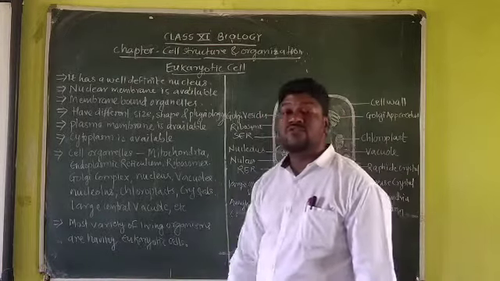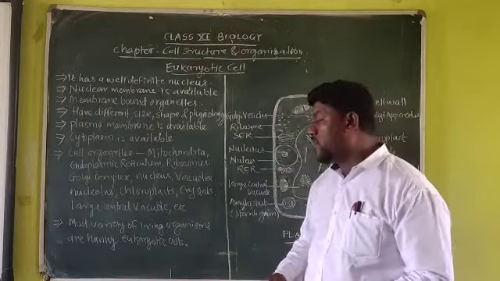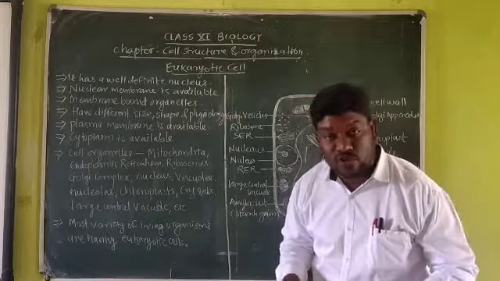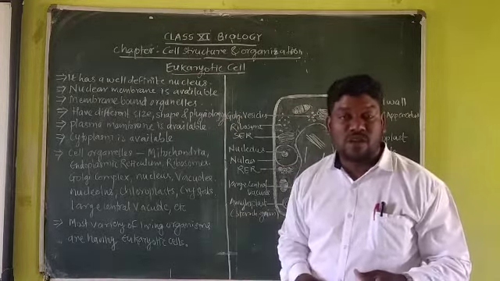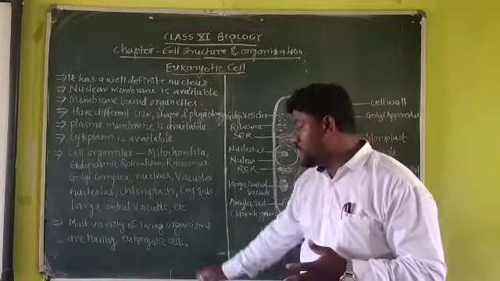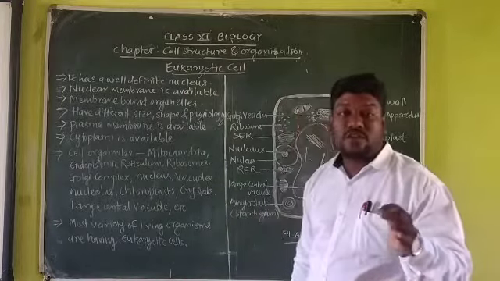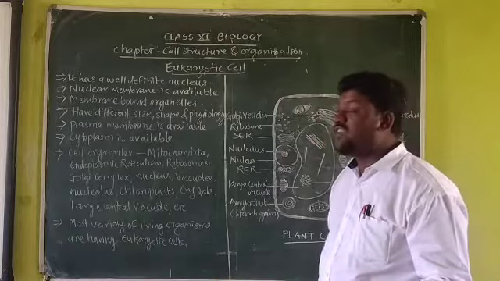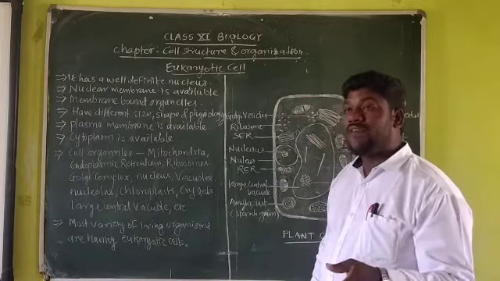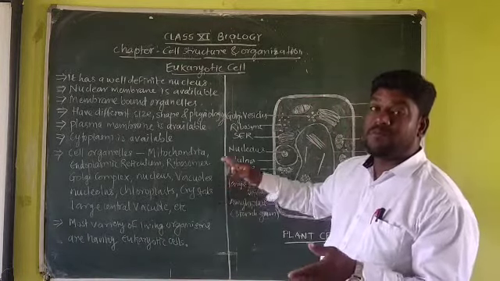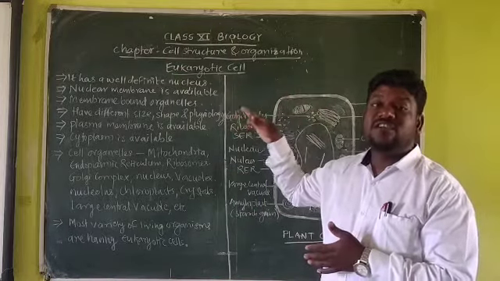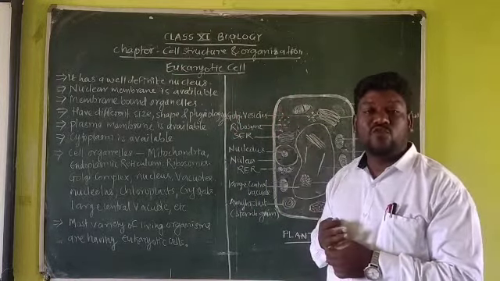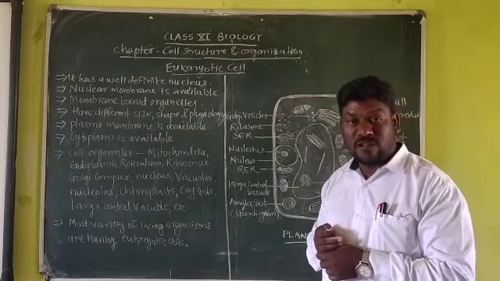After that, most varieties of living organisms have the eukaryotic cell. Important point: the maximum number of living organisms have eukaryotic cells. In short, developed organisms have developed cells, and the developed cell is the eukaryotic cell. Why is the eukaryotic cell known as a well-developed cell?